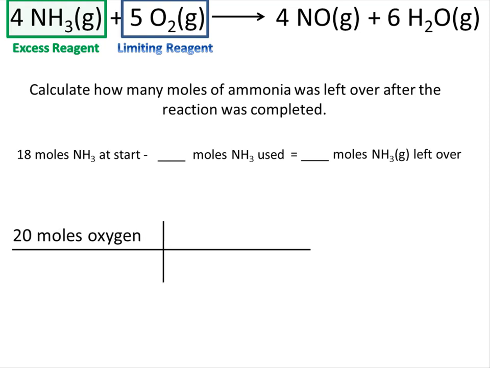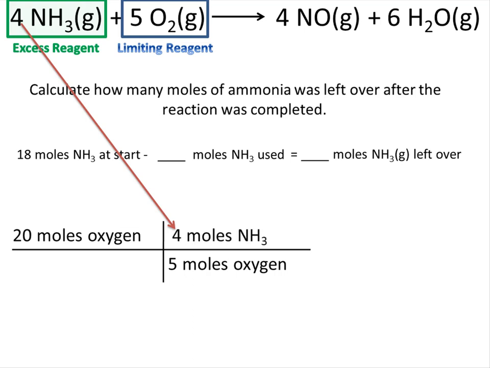Use the coefficients from the balanced chemical equation to convert moles of oxygen to moles of ammonia. Put moles of oxygen on bottom to cross-cancel the units. The units we are left with, moles of ammonia, are the units of our desired answer. Plug this into your calculator to get 16 moles of ammonia.